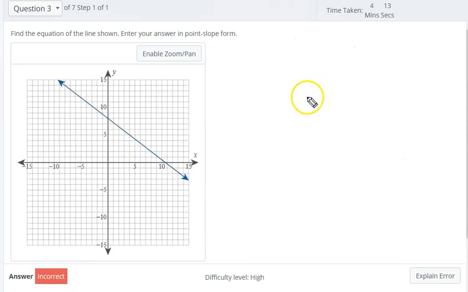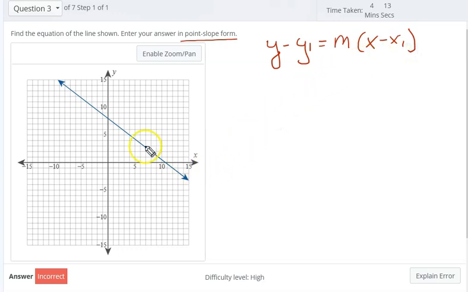Now, another error that I spotted, and there were some that were correct, so I'm skipping those, is find the equation of the line shown. You want your answer in point slope form. So again, you would need to write point slope form. Y minus y sub 1 equals m times x minus x sub 1.